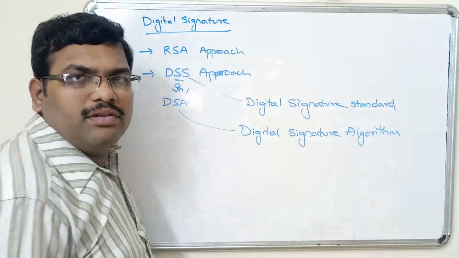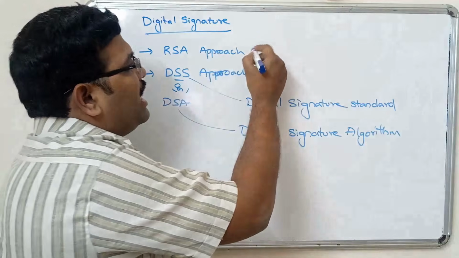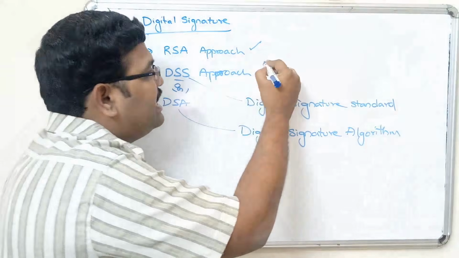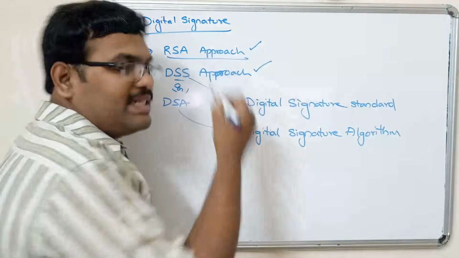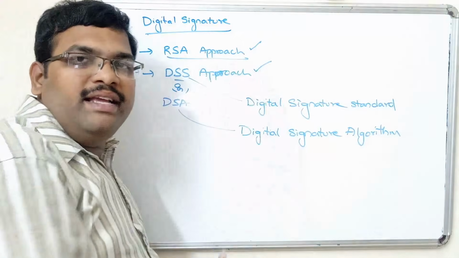Both are the same. So one is the RSA approach and another is the DSS approach. First let us see the RSA approach, then we will move on to the DSA approach.